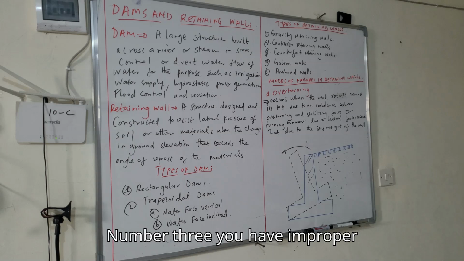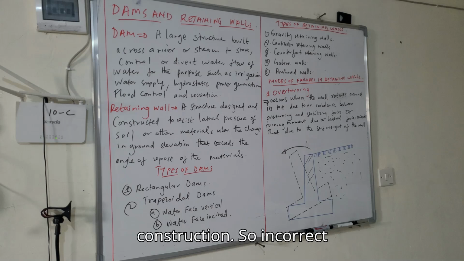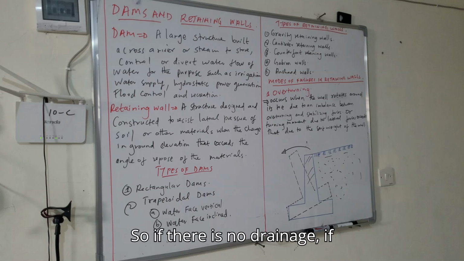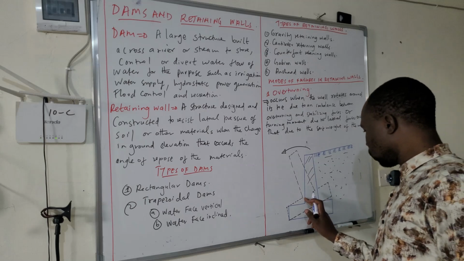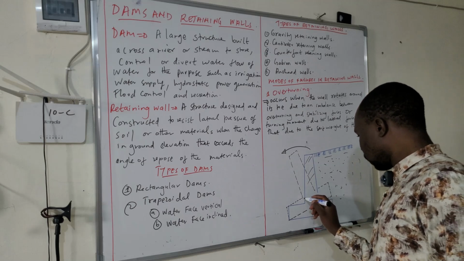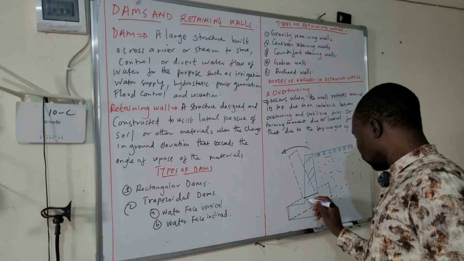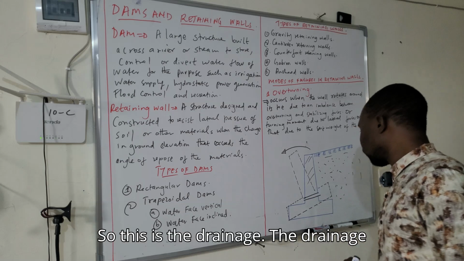Number three, you have improper construction. Incorrect placement of blocks, insufficient backfill, or a lack of proper drainage can weaken the wall's stability. If there is no drainage on this wall, for example, there is drainage. So this is the drainage.